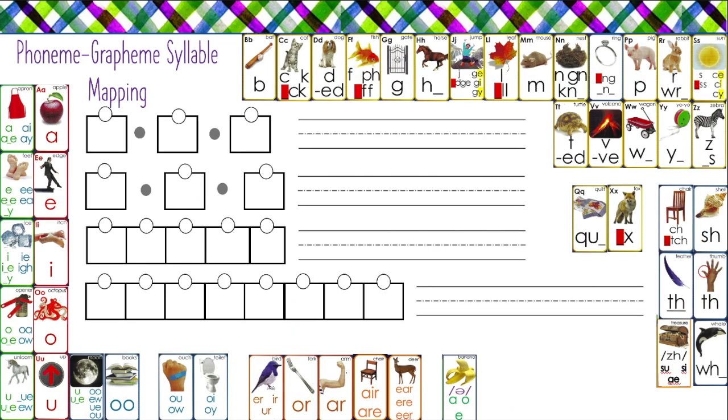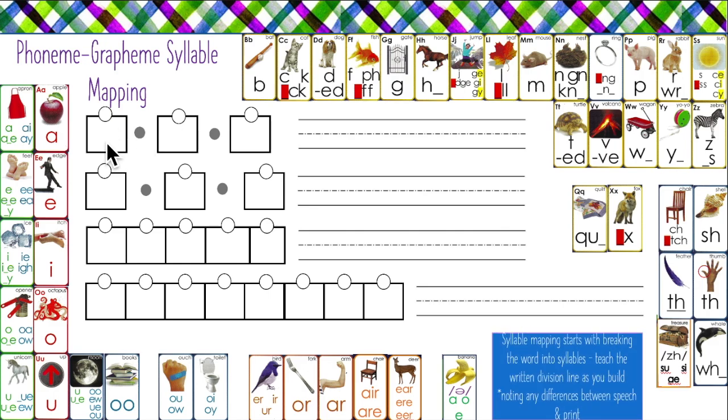Here's an example of what that would look like with syllable mapping. We're going to do our first word, and this one is going to be rabbit. And so what I would tell them is, I'm going to give you the syllables. We're going to have rab, bit, and we're going to do the syllable break here. I have two syllables.